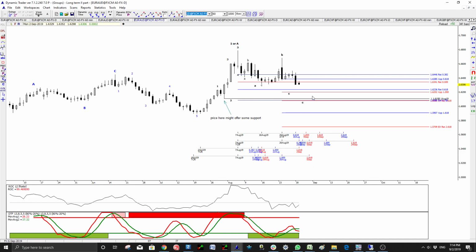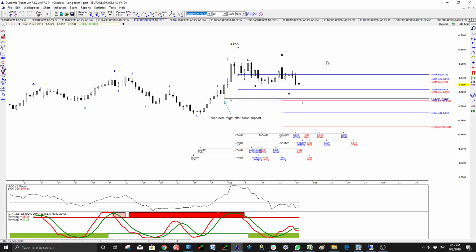So if this market reaches the C wave potential reversal point in between those times, the 2nd of September or the 4th or 5th of September, then this might be a good buying opportunity. Momentum is right now pushing downwards, so we have a sell signal. We might as well wait for that to turn around and give us a buying signal, right?